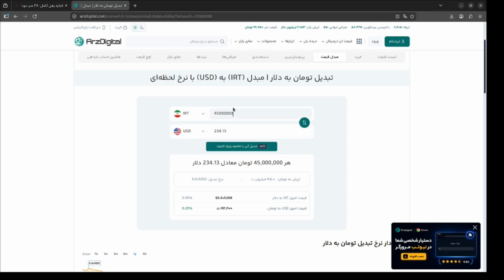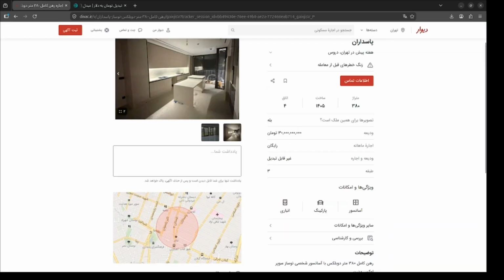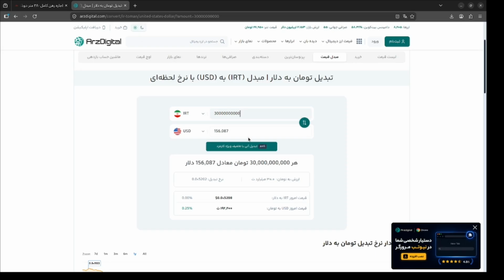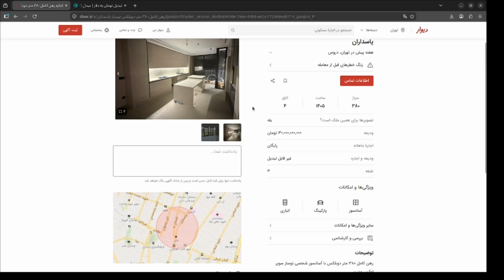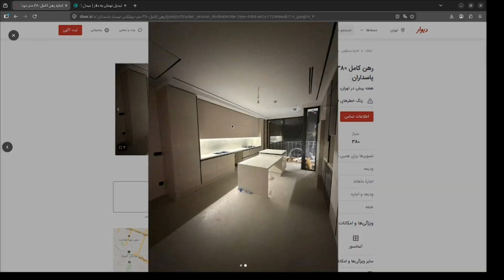It's really expensive. 3 billion tomans equals to $156,000. You just pay it. You don't need to pay any monthly rent, but okay, it's really expensive. Let's just take a look at the house.